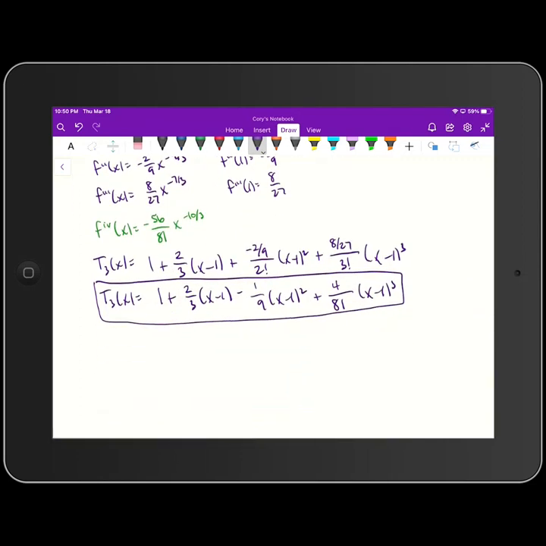Okay, so for part B, if we want to calculate the absolute value of r sub 3 of x, that is going to be less than or equal to m over 3 plus 1 factorial, so that's 4 factorial.